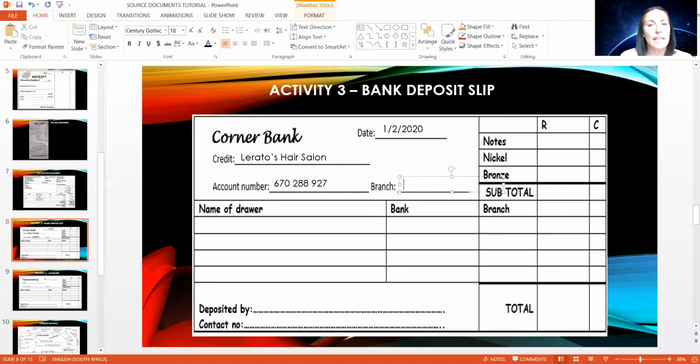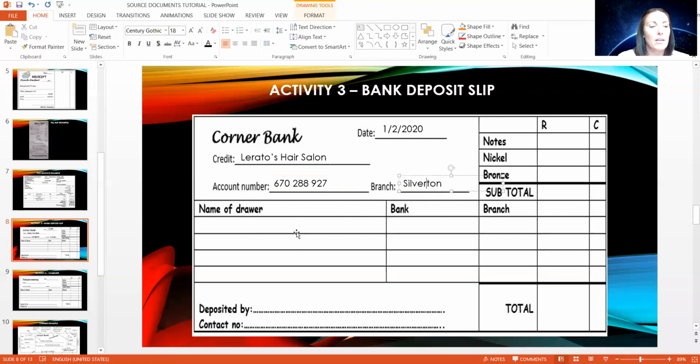This is just a generic one, so you have to look out for what information they ask on that specific deposit slip. Okay. So the branch, her account is held at the Silverton branch of Corner Bank. Good. Silverton.